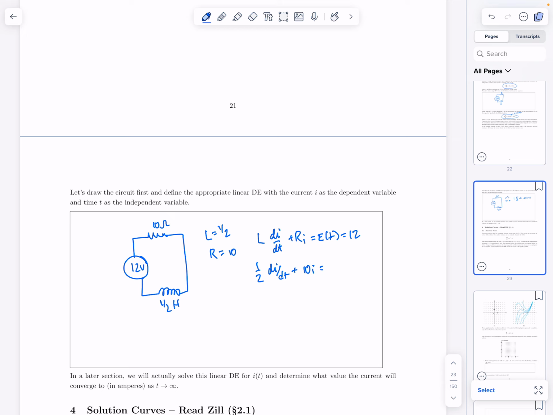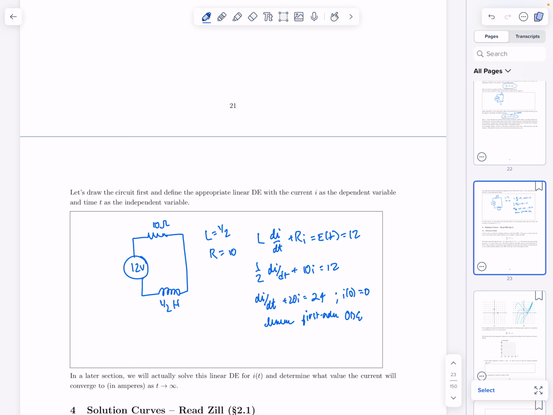Then just simplifying this, we get di/dt plus 20i equals 24. And again, this is a linear first order ODE that models the current in that series circuit. For the initial condition, we might have that we initially have no current.